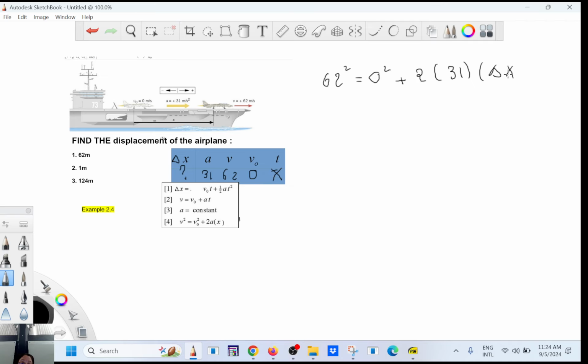That's what I want. It says displacement. Although you can find the time with equation number 2 and plug that into equation number 1.